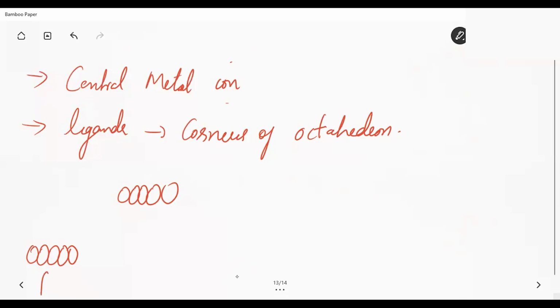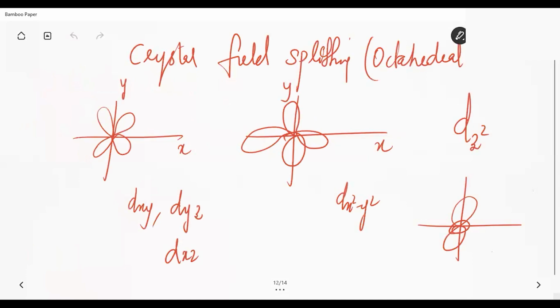This is the free ion, where no ligands are approaching, the free ion d orbitals. When the ligands approach, all of them rise in energy. Since dx square minus y square and dz square, these two orbitals, are sitting along the axes, the ligands approaching along these axes will have a higher repulsion.